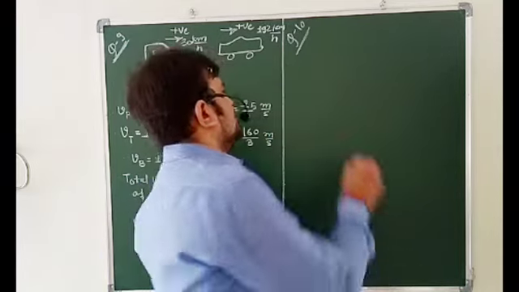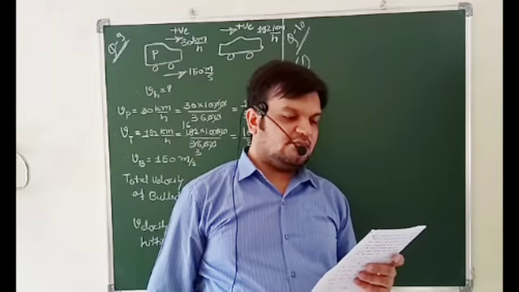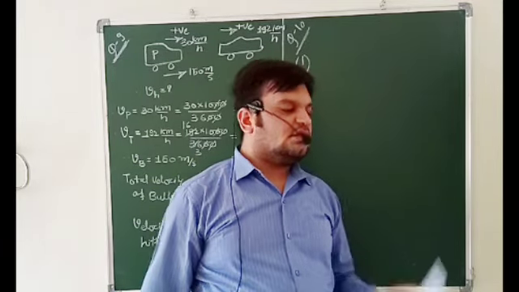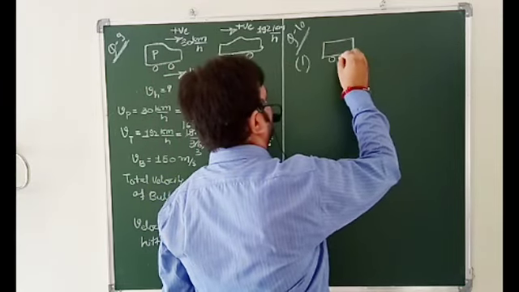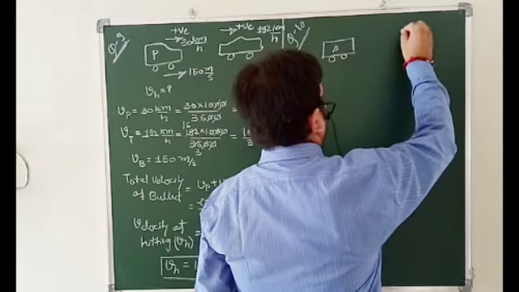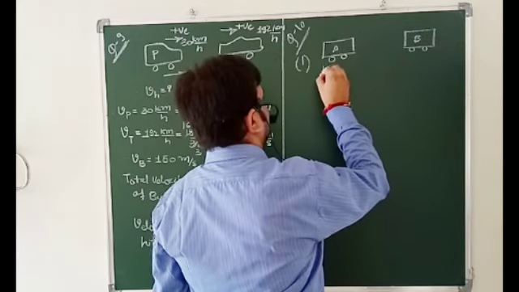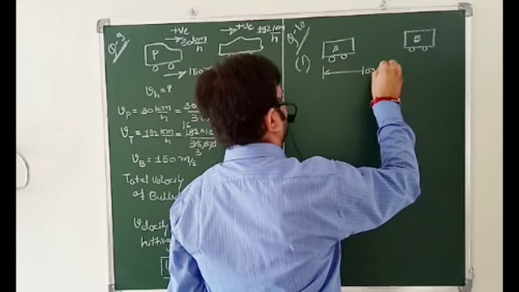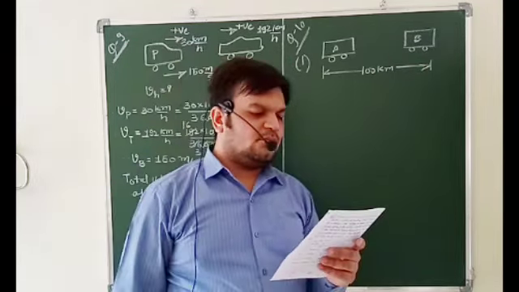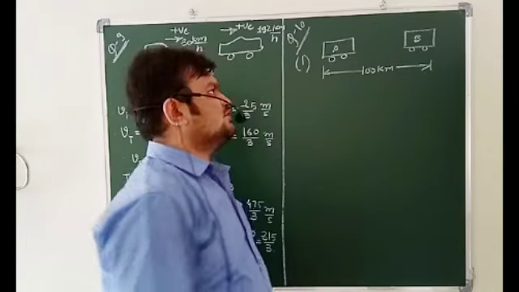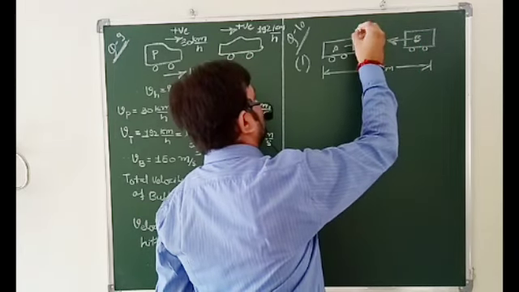So here, in case 1, two trains A and B are 100 km apart. This is train A, this is train B, both are 100 km apart. So the initial separation is 100 km and both are traveling towards each other, so the directions of both are opposite.